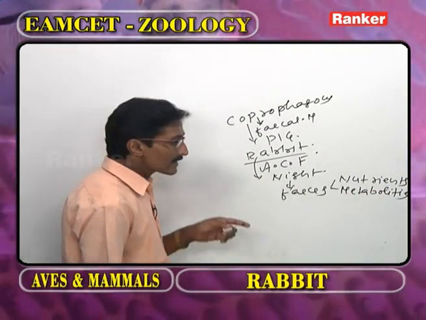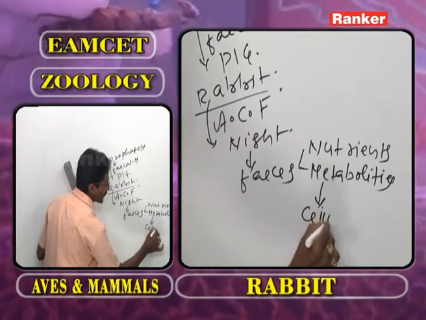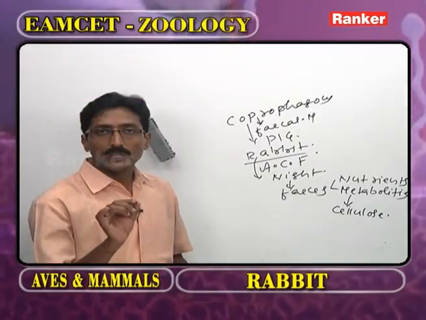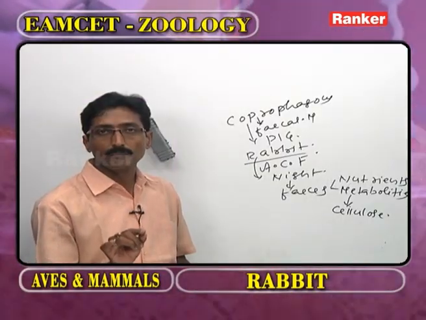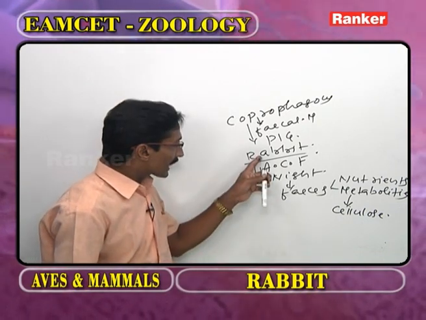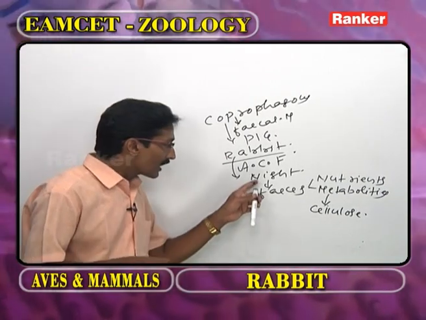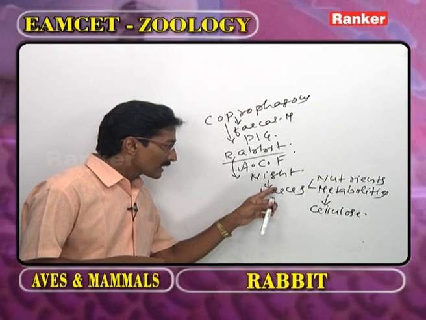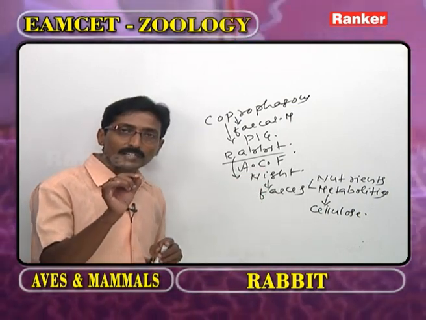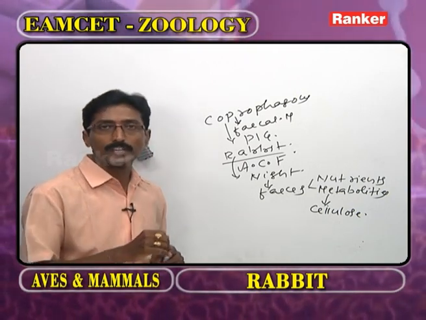These nutrients and metabolites are responsible for the further digestion of cellulose. So, as we observe the life history of rabbit, only during the night time the rabbit eats its own fecal matter, because in the night time the fecal matter released by the rabbit consists of some important useful metabolites and nutrients.